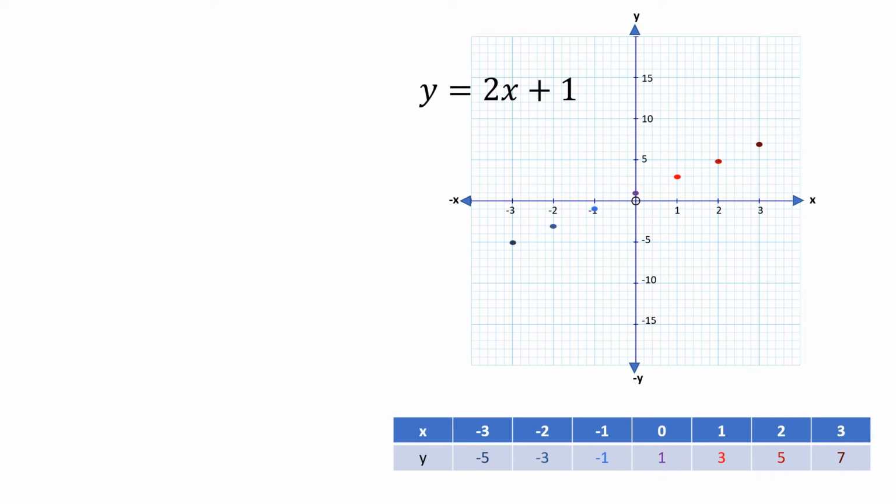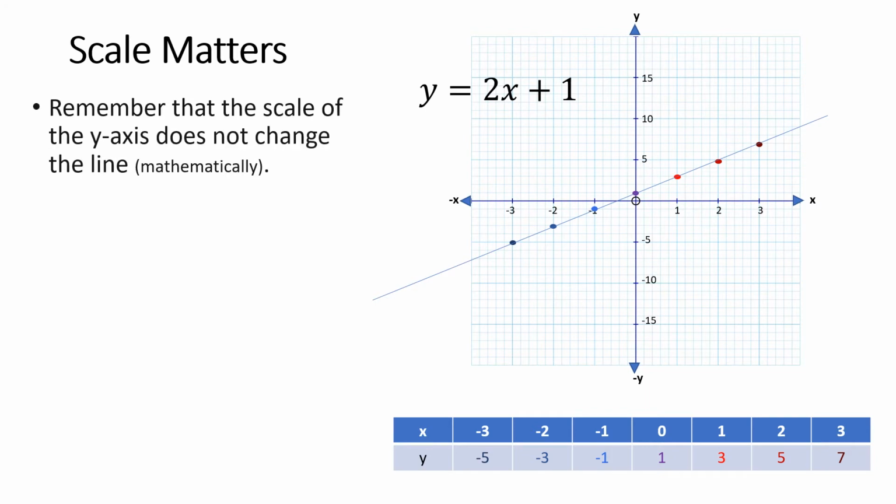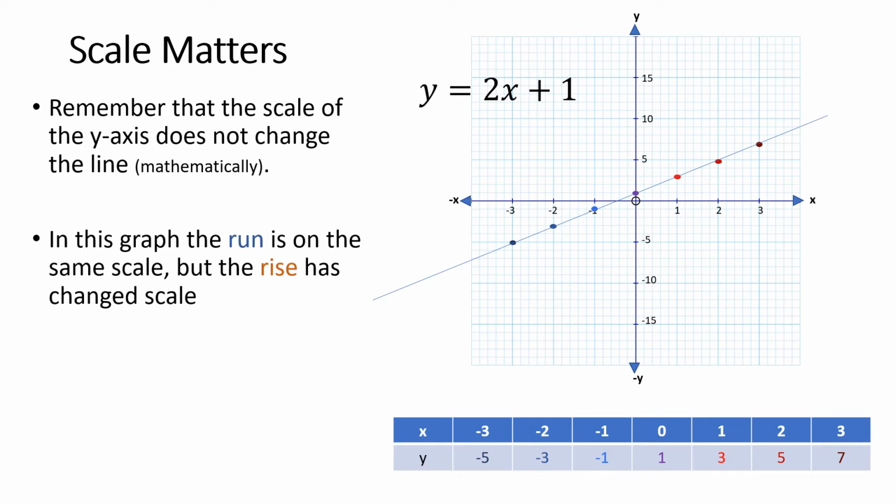Here we plot the same graph again, but this time we are doing it on a different scale. And what does scale do to the gradient? Well, absolutely nothing mathematically. The scale of the y-axis does not change the line, and so it does not change the gradient.